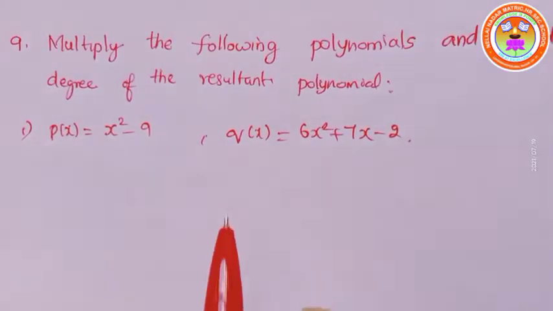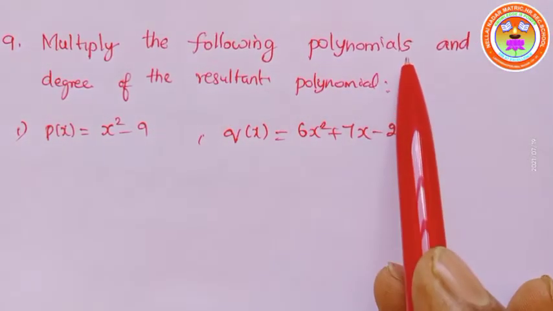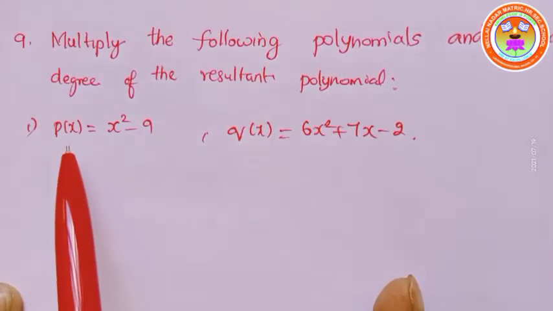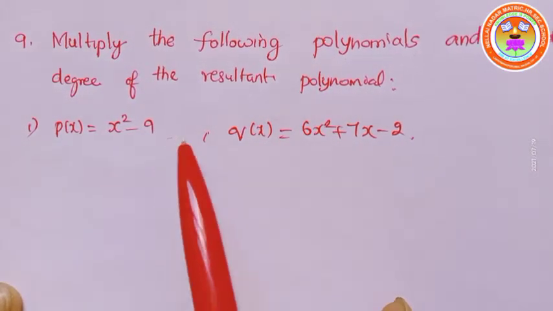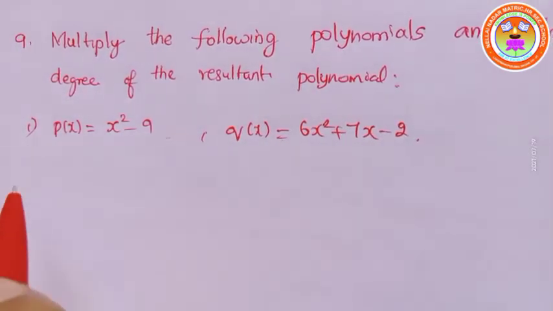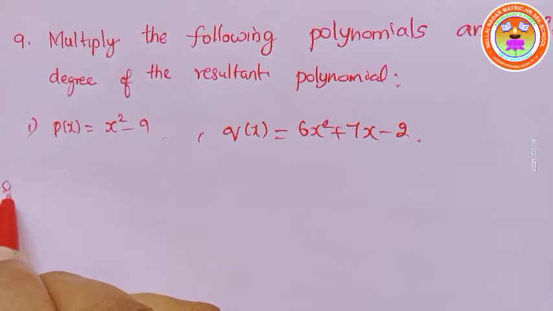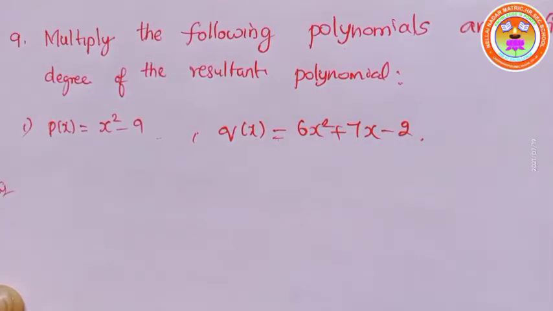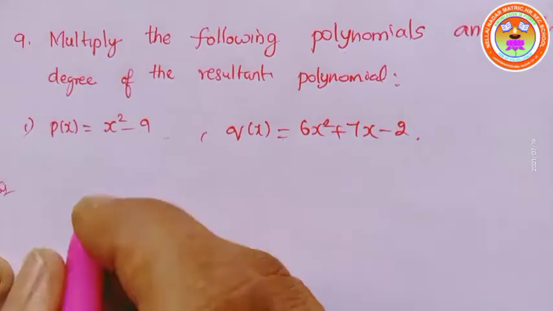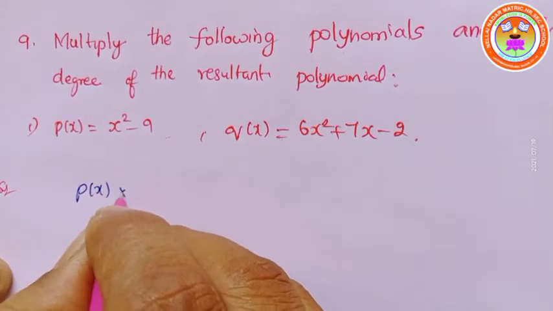Question number 9. Multiply the following polynomials and find the degree of the resultant polynomial. First one, P of x equal to x squared minus 9, Q of x equal to 6x squared plus 7x minus 2. Solution. So take P of x and Q of x. You are going to multiply. Clear children? So P of x into Q of x.